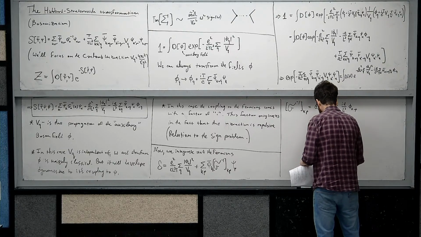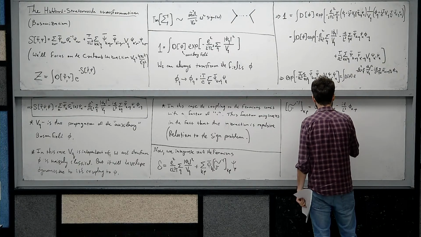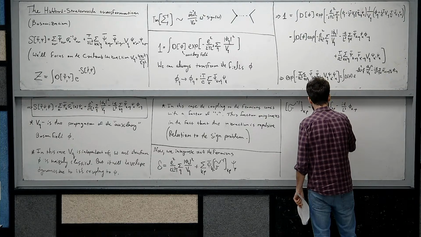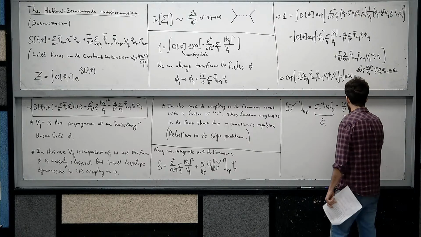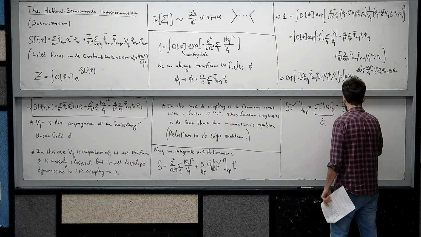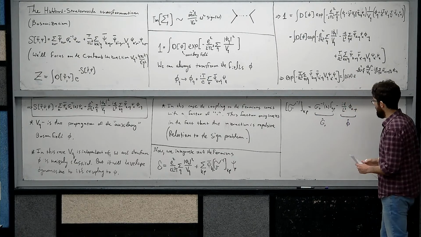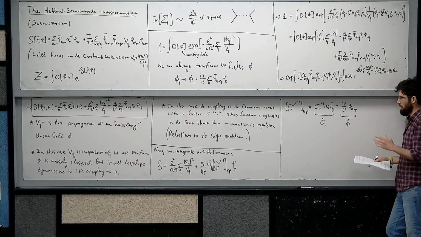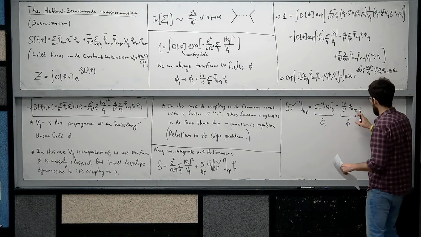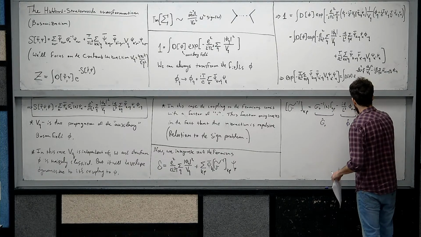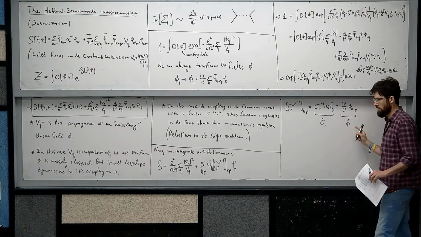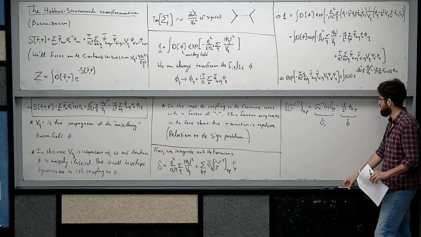Very stubborn. This guy, I'm going to call it G0 hat. And this guy, I'm going to call it phi hat. These are just matrices in K and P space, as you can see. This matrix is what we call a Toeplitz matrix.